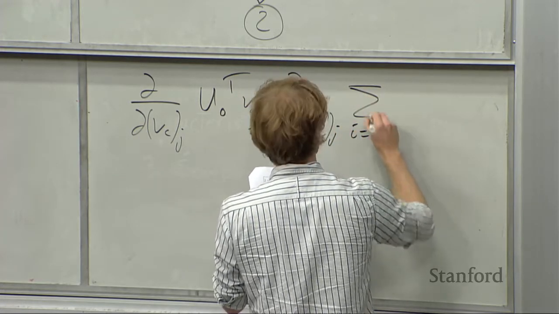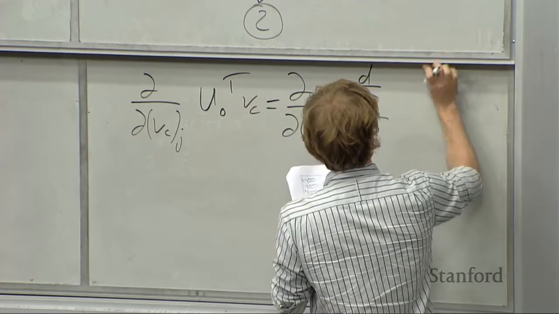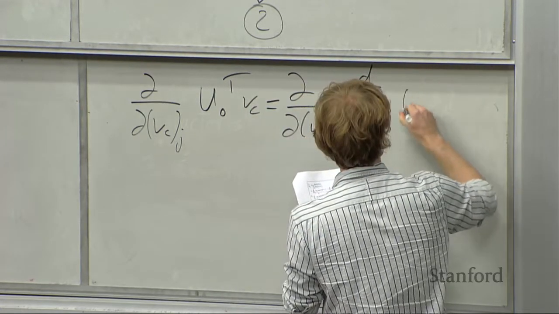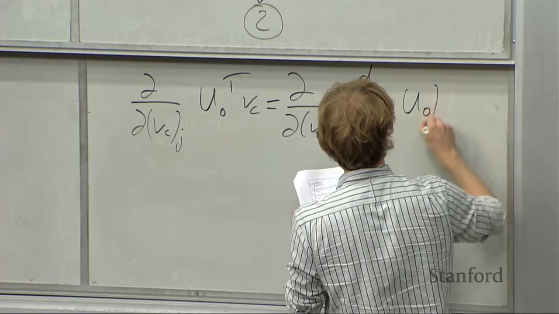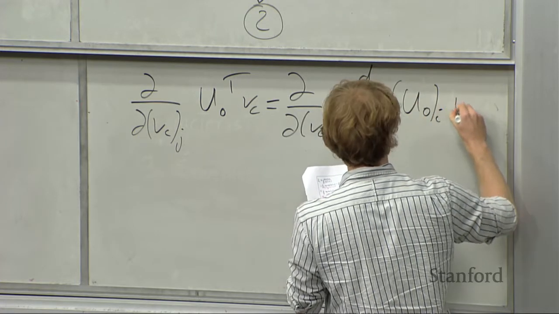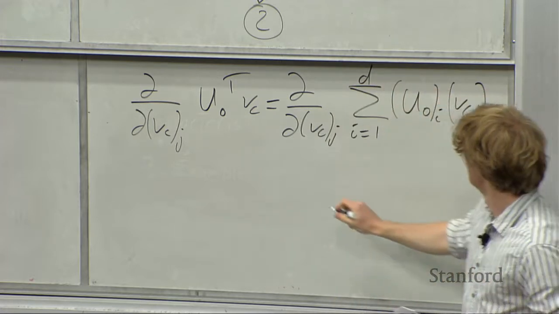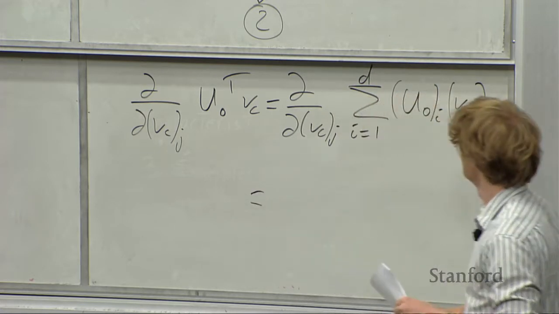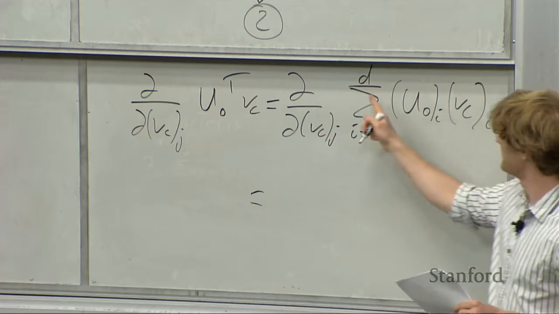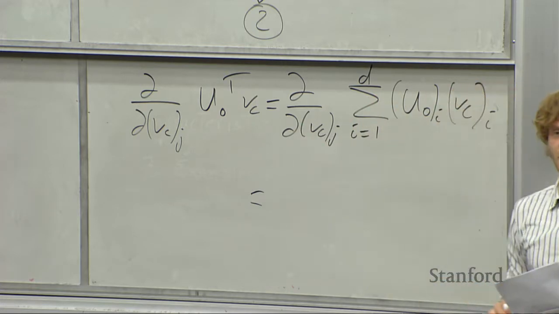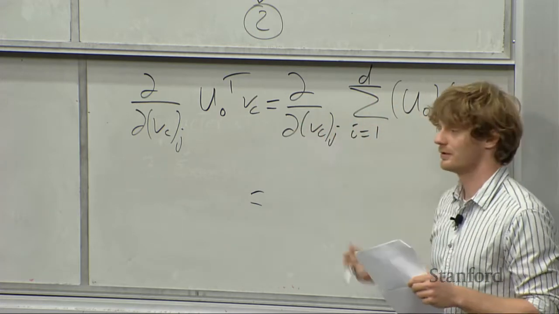The inner product is just the sum of all the products of all these elements. So that's U_o,i times V_c,i. Now, what can we do when we have this kind of sum and we have the gradient operator before the sum?